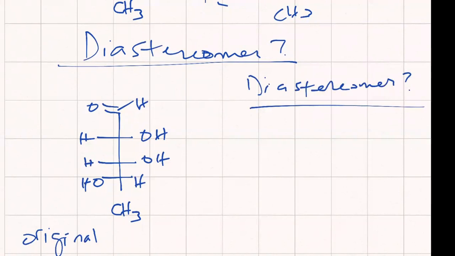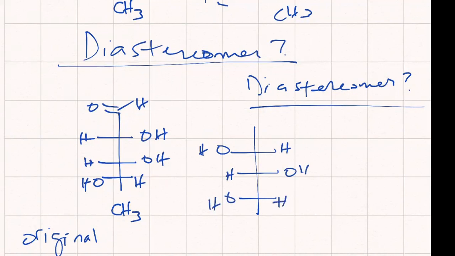So if I ask you to take that Fisher projection and draw a diastereomer of it, this is what you would do. You would draw the whole thing out. I'm just going to change this one right here. Following?